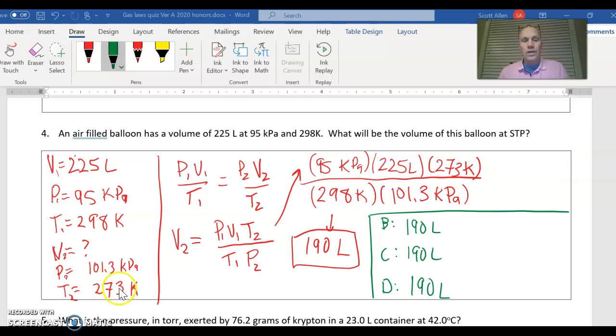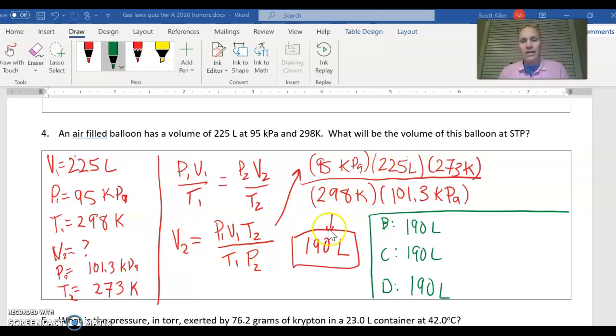The thing is, I chose 101.3 kilopascals as my standard pressure because my original pressure was given in kilopascals, and that's going to make the math a lot easier. Since we have all three of these values right here, we can rearrange this to get what we don't know, which is V2.